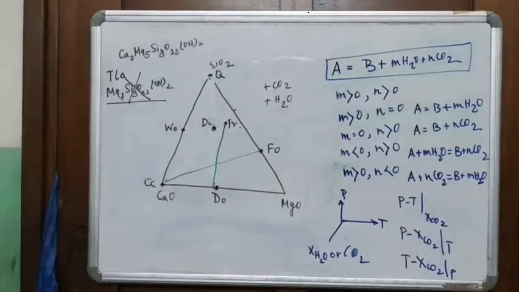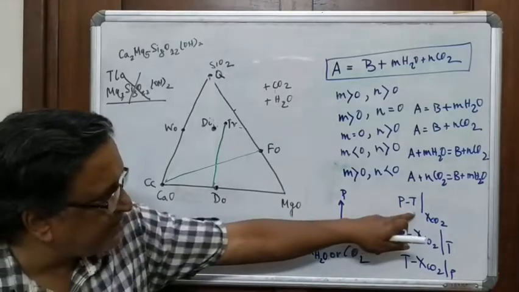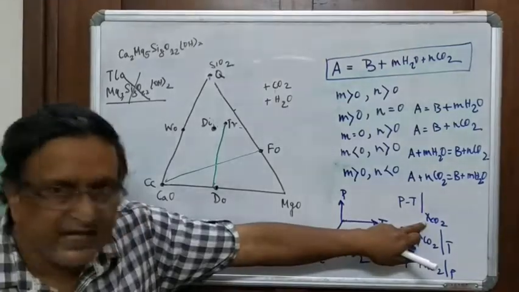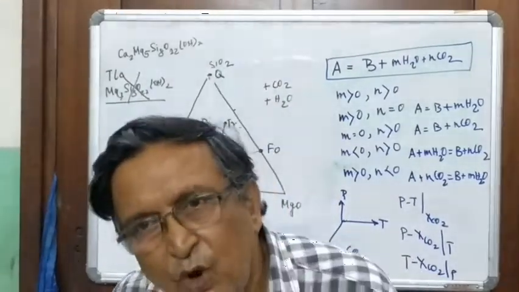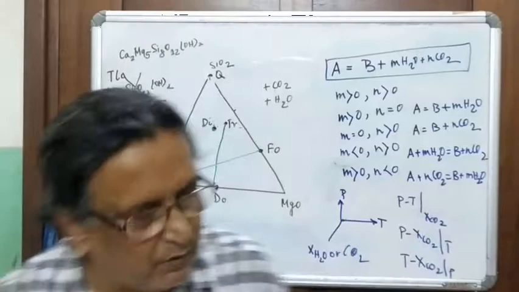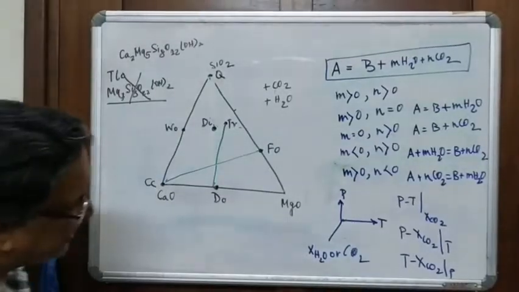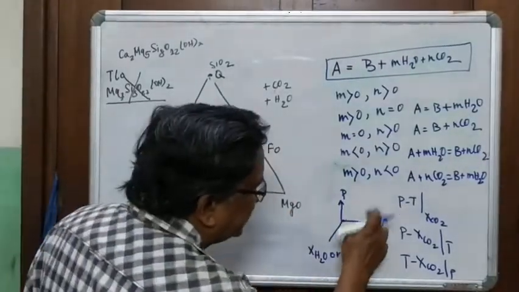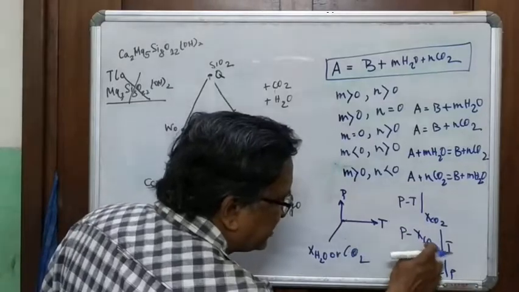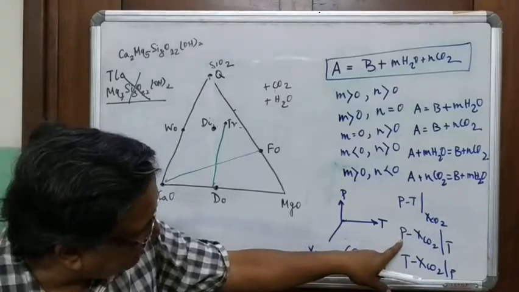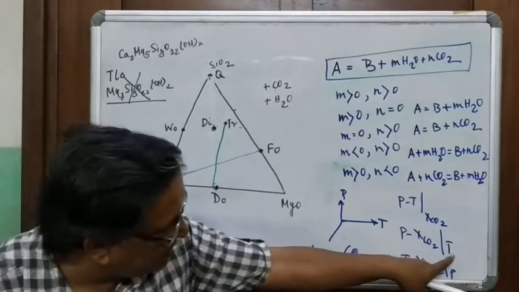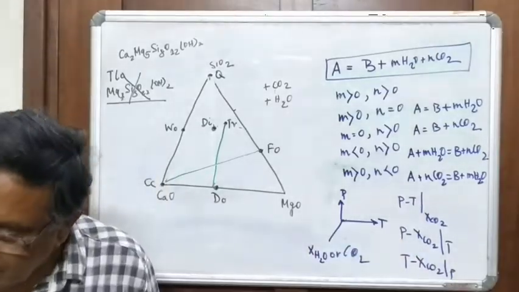We can examine this at a constant XCO2, which means constant XH2O also, because XH2O plus XCO2 equals 1. Or you could examine this in a PXCO2 field at constant temperature. That means this is a pressure composition diagram where T is constant, an isothermal condition.